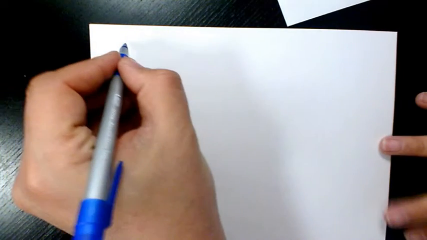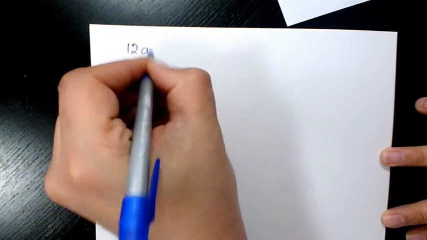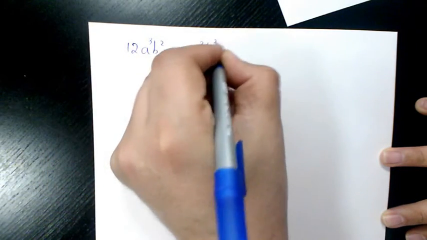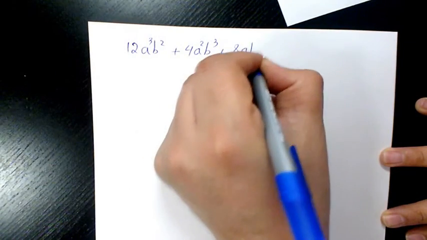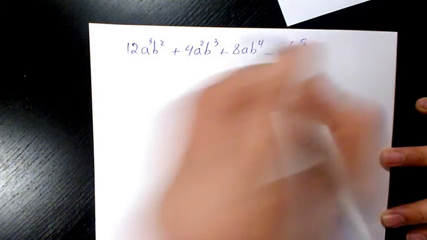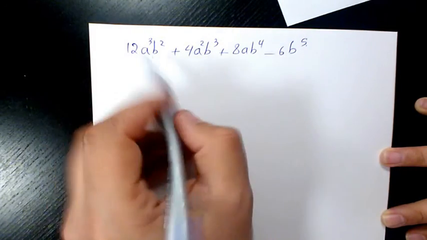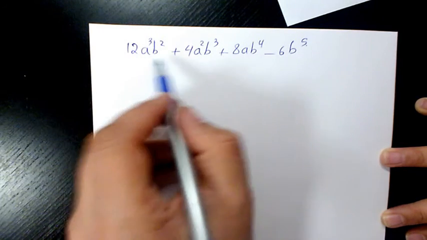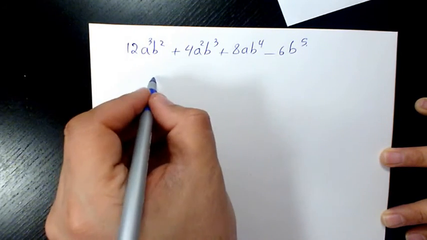Next one is 12a cubed b squared plus 4a squared b cubed plus 8ab to the power of 4 minus 6b to the power of 5. So here you cannot factor a because this one doesn't have a, but you can factor b.